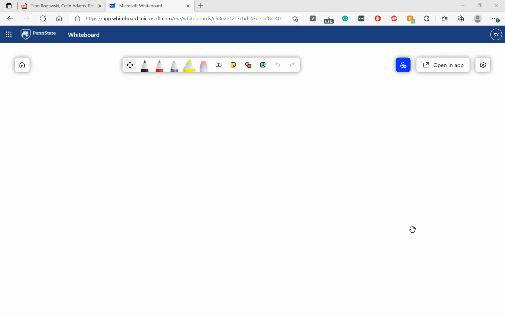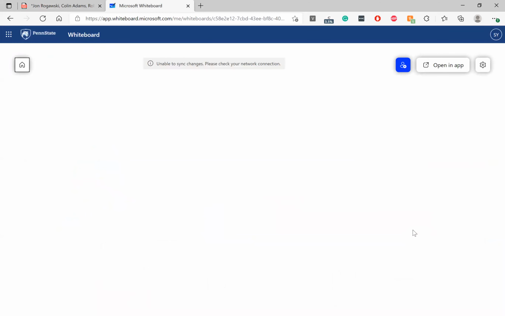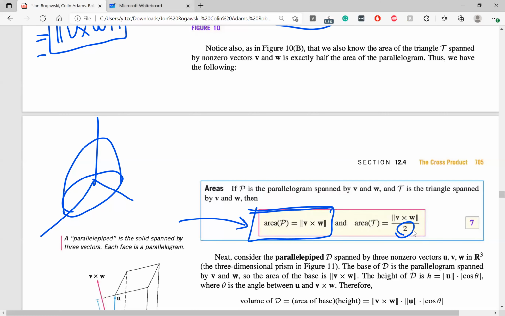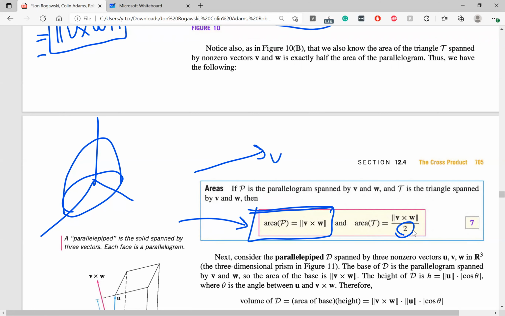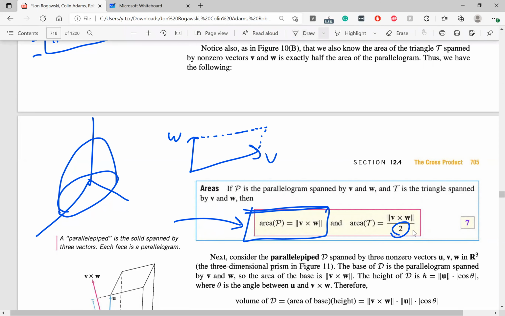Okay, so yesterday, or 2 days ago, we started talking about how to calculate the area of a parallelogram which is spanned by two vectors, which means that if you have two vectors v and w, and that forms some parallelogram, we would like to know its area.